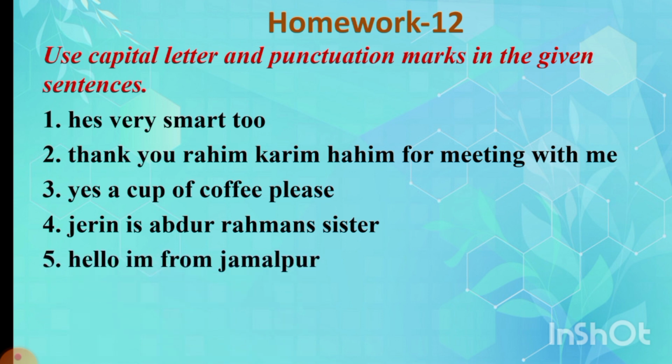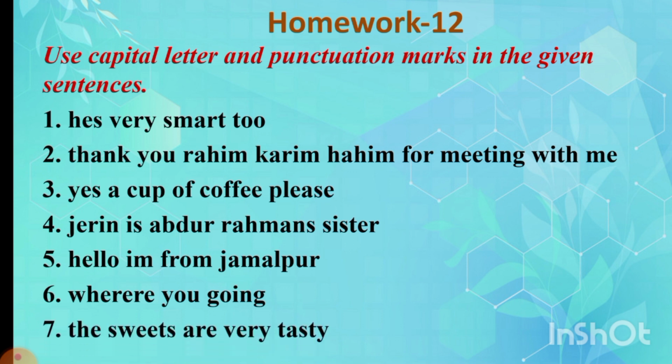Number 5. Hello, I am from Jamalpur. Then number 6. Where are you going? Then number 7. The sweets are very tasty. So these are the 7 sentences. So this is homework number 12.